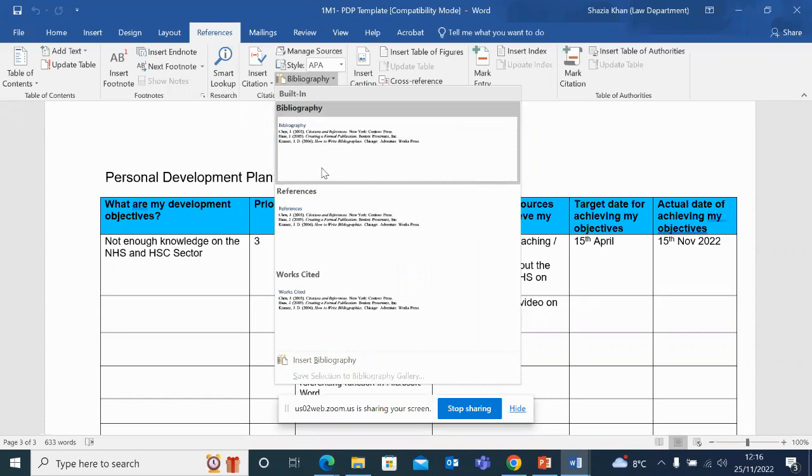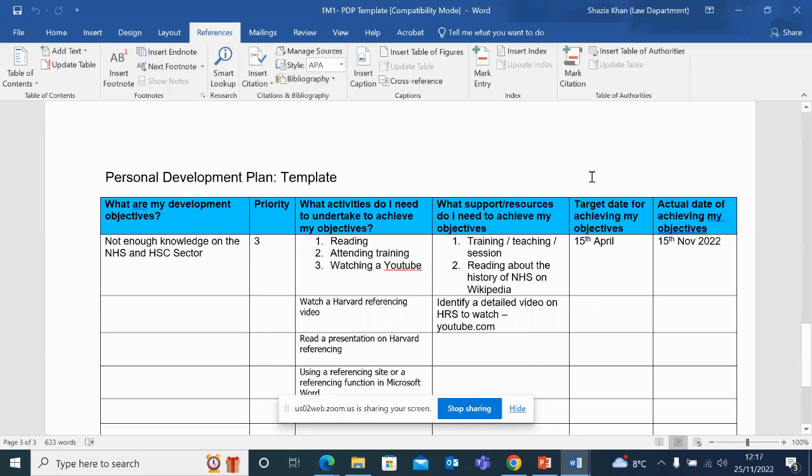But if I go to a site and I am using a resource, for example, I am reading a book, then how can I go to these Microsoft options here for references? You do it here. On Moodle, they've put in a reference site where you can put all the names of your books.